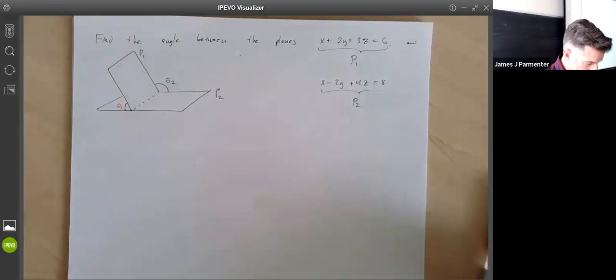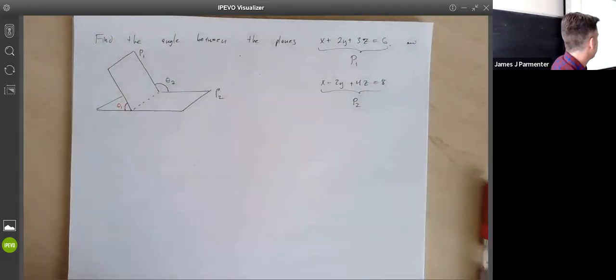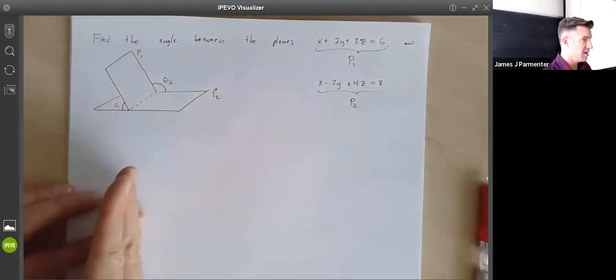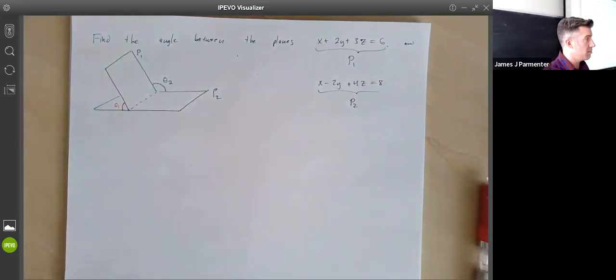To find the angle between these two planes, we can actually find the angle between their perpendicular vectors. Because if you take a vector perpendicular to this plane and a vector perpendicular to this plane, the angle between them is still going to be the same.